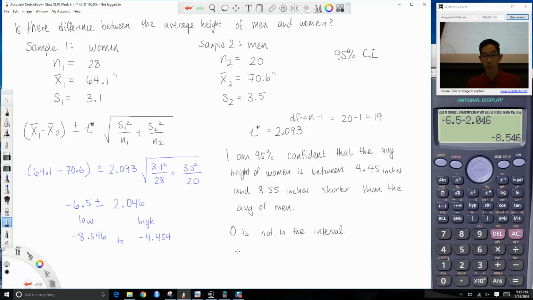And so what that means is we have evidence that there is a difference between the average heights of men and women.